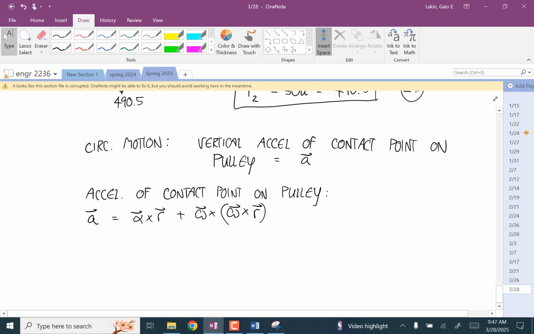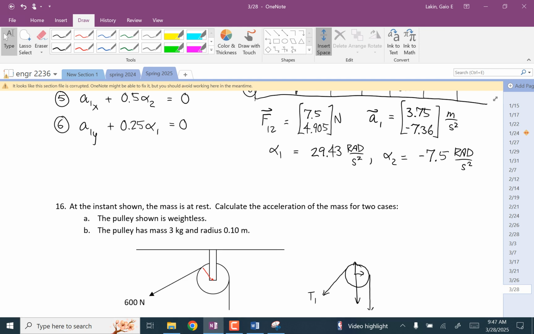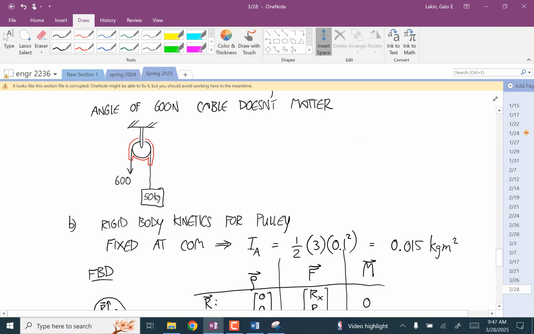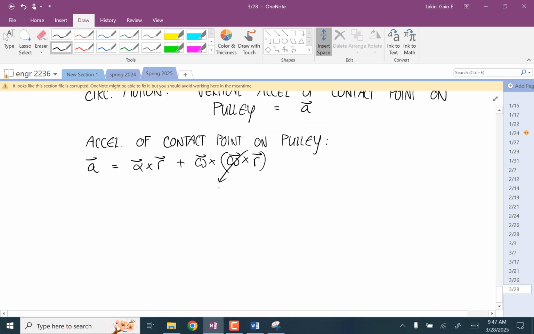All right, so let's fill these out now. Do we know? Oh, well, it says it's at rest. Really, that just helps us organize our thoughts. But we can do it no matter what that is, because that only comes into the centripetal acceleration, and we're going to throw that out in the end anyways. Okay, but this all goes to 0.